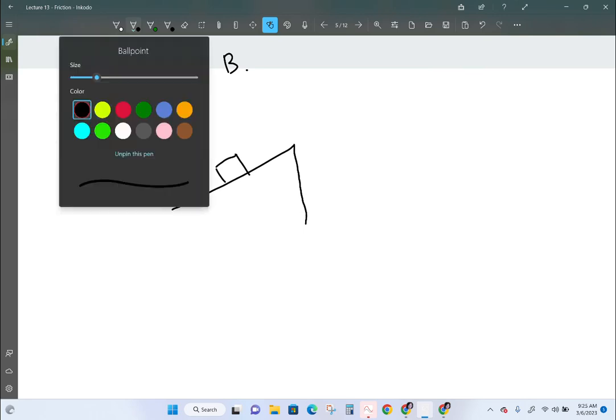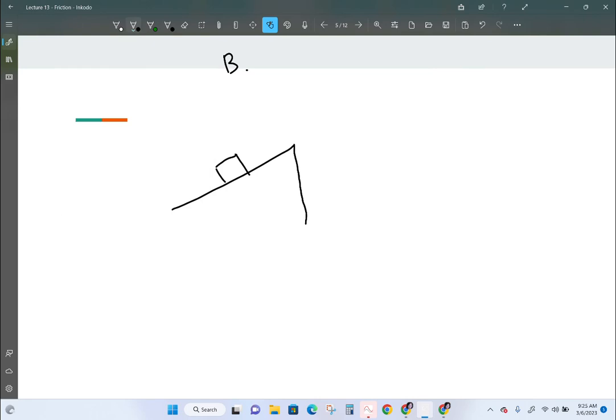Look at a box or something on an incline plane. Okay, so for B, remember we had our incline plane. It had weight, which is perpendicular to the floor.